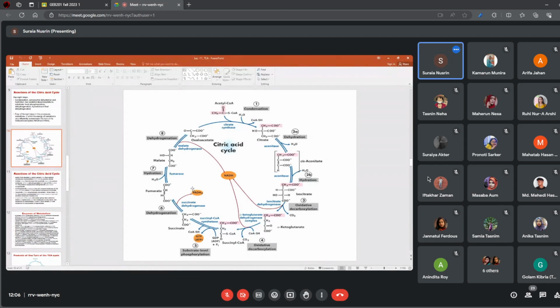You can see the enzymes are different from each other. Some of the enzymes are called synthase, whereas others are synthetase, some are dehydrogenase. So you have to understand that, otherwise it will be very difficult for you if you memorize the description of the pathway.